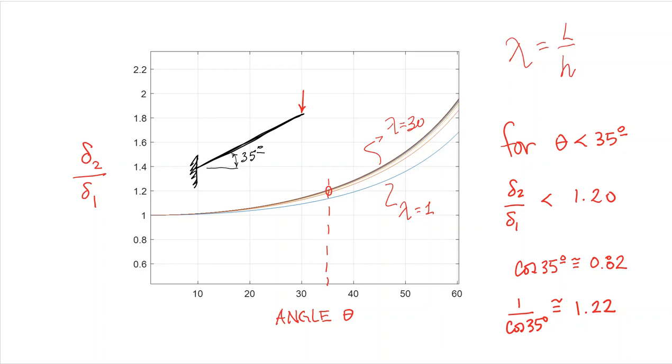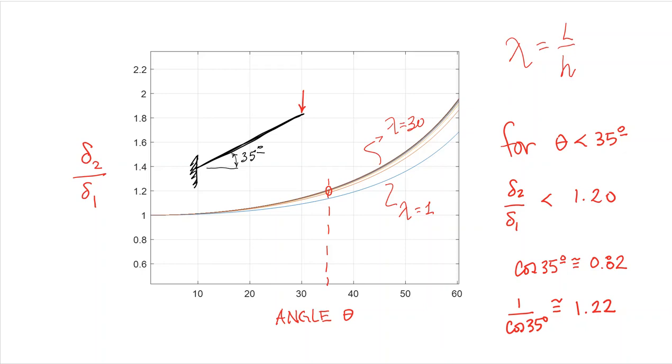So slenderness has an effect, but for regular values of slenderness, which for cantilevers usually range between 5 and 10, it really doesn't have much of an effect. You can also see that at an angle of about 35 degrees, the ratio of the two deformations is about 1.2. So the difference is not that much, even at an angle of about 35 degrees.